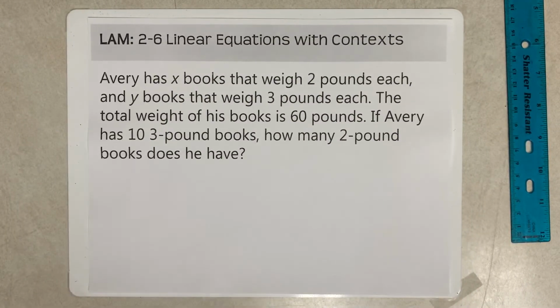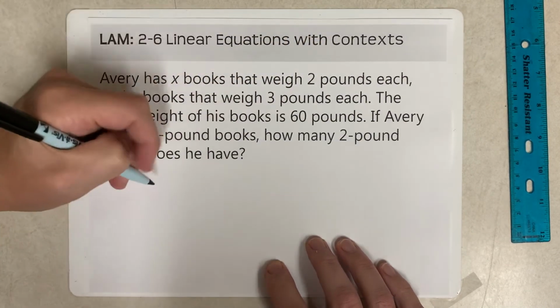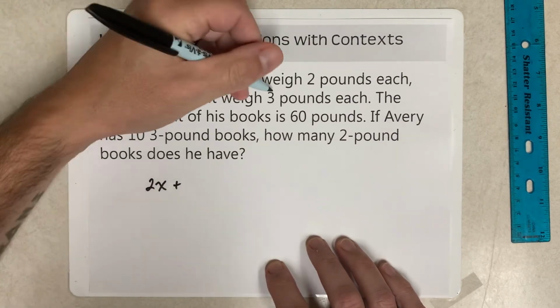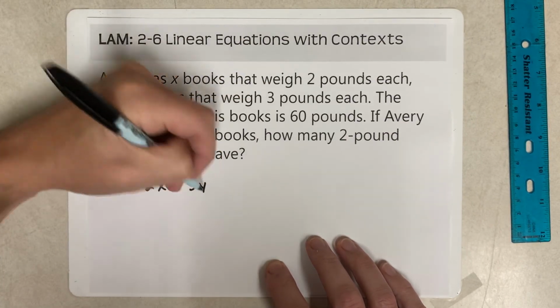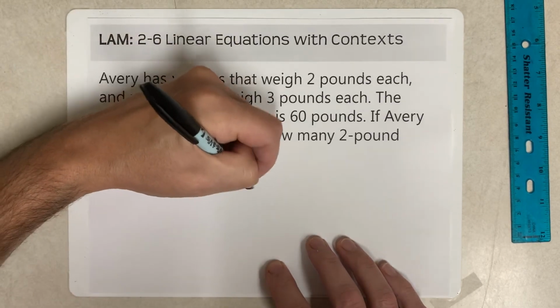All right, here we have Avery has X books that weigh 2 pounds each and Y books that weigh 3 pounds each. The total weight of his books is 60 pounds. If Avery has 10 3-pound books, how many 2-pound books does he have? All right, so 2 pounds each for X books would be 2X, plus Y books that are 3 pounds each would be 3Y, equals the total weight, which is 60 pounds this time.